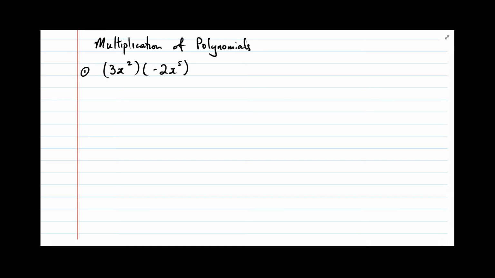All right, we have looked at some of these already, where we are multiplying monomials. Just remember that when we do this, we multiply the numbers together and the variables together. So we have 3 times -2 and x squared times x to the 5th.